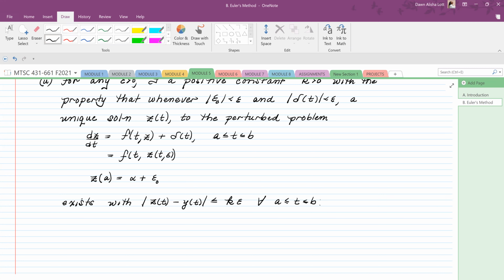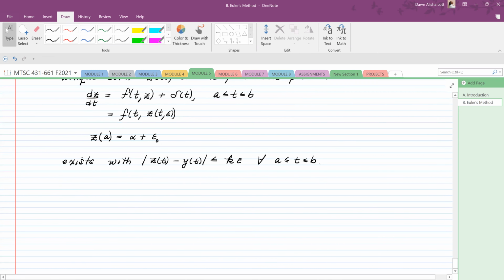Then we perturb it just a little bit, and we need to make sure that when we perturb it, two things happen. The first, the perturbed problem has a unique solution. And then the difference between the two solutions can be no bigger than some constant times epsilon.